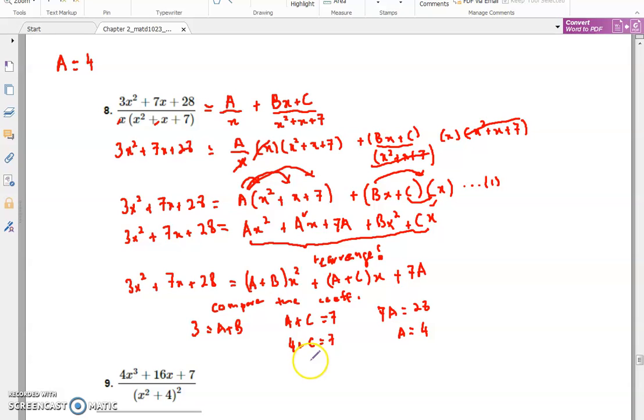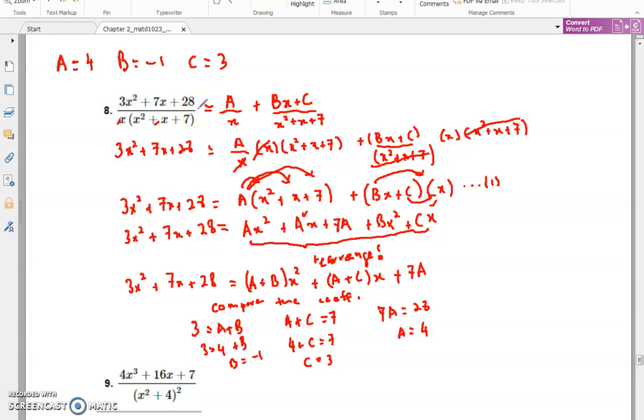Then you can say that the value of your c is equal to 7 minus 4, which is 3. And the value of a we already know, which is 4 plus b. So the value of b is supposed to be 3 minus 4, which is negative 1. So we already get all the values, which is a equals 4, b equals negative 1, and c equals 3.